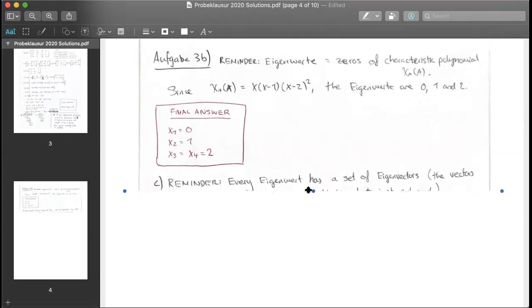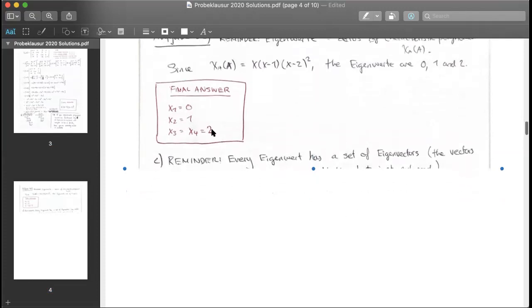One thing I didn't say earlier, which I should have, was that every eigenvalue has its own set of eigenvectors. So that means we're going to have to look at each eigenvalue one by one and find the eigenvectors for each of your eigenvalues. You can think of them like a little group of their own. There's a group of eigenvectors that belong to eigenvalue 0.